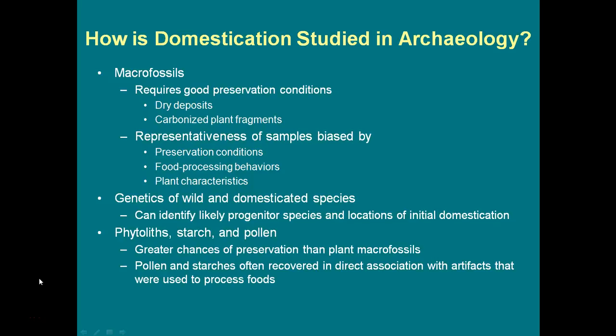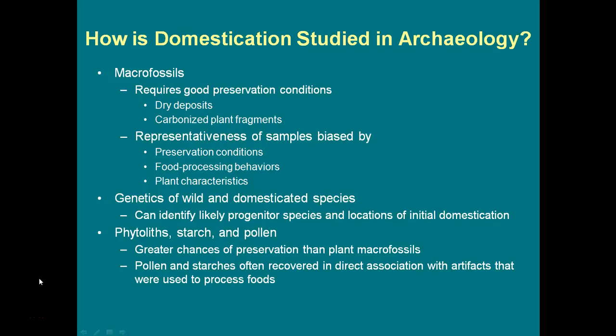A new frontier in the analysis of domestication is other small particles that can be recovered in archaeological and soil samples and analyzed. Things called phytoliths, which I'll show an example of in just a minute, starch molecules, and pollen.